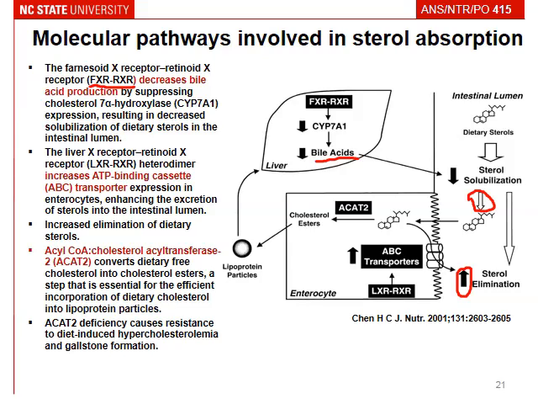In addition, within the cell, within the enterocyte, we have these ABC transporters. ABC stands for ATP binding cassette transporter, and that increases the excretion of cholesterol and various sterols into the intestinal lumen.